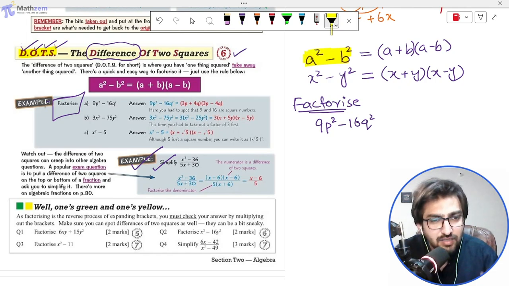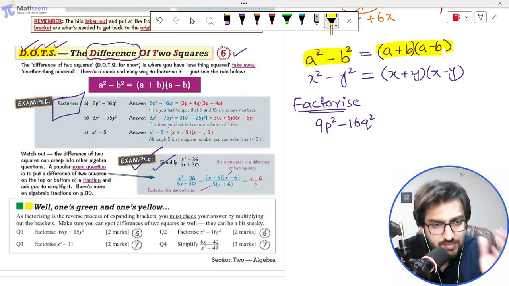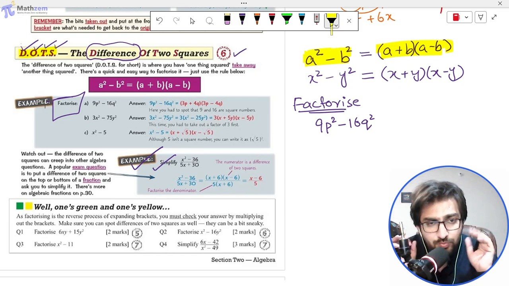It does not mean that you will always be given a square minus b square in order to replace it by a plus b and a minus b. The question could be anything: first term square minus second term square. It could be 9p square, it could be 16q square, anything.